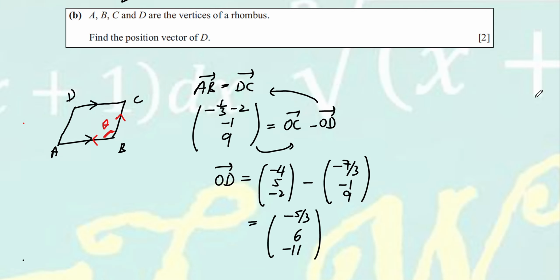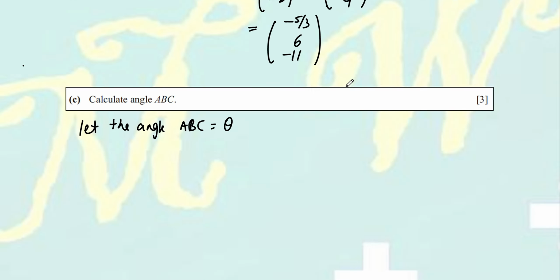So based on previous diagram, I know that the two vectors will be BA and BC. So according to the scalar product formula, it will be BA dot BC equals to magnitude BA, magnitude BC cos theta.